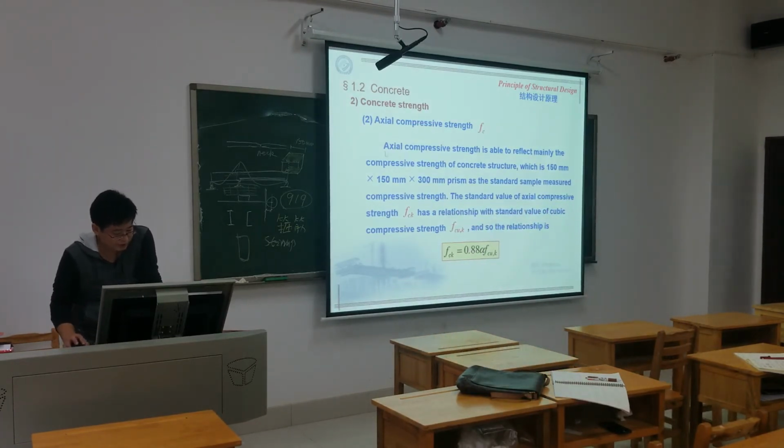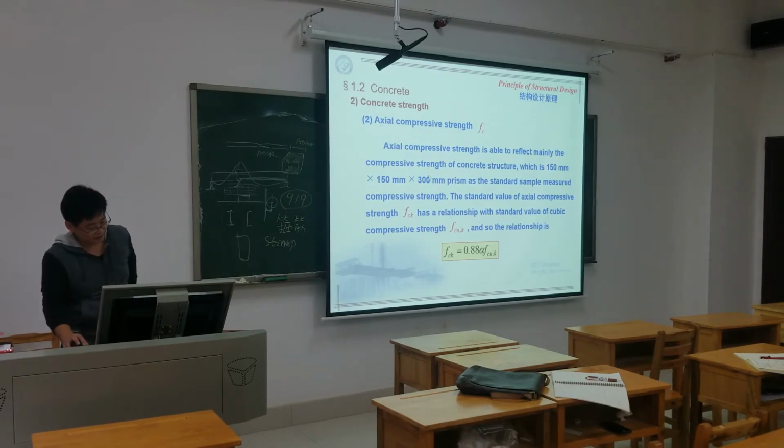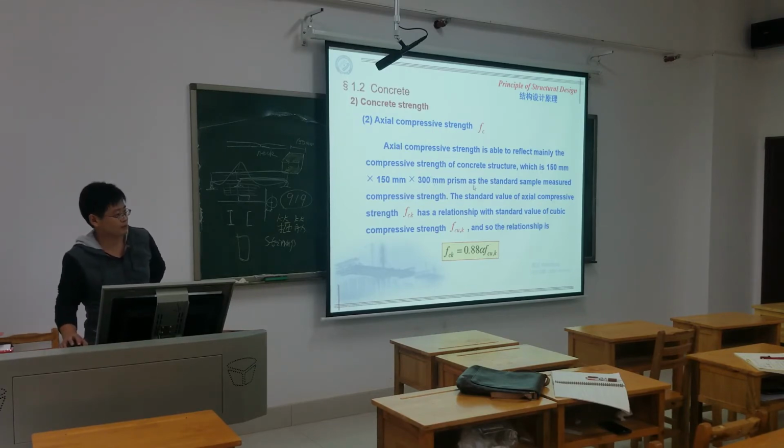So for this actual compressive strength, the specimen is different: a 150 by 150 by 300 millimeter prism. And the standard value of the actual compressive strength also has a relationship with the standard value of the cubic compressive strength, equal to 0.88 alpha fcu,k. Here we should pay attention.